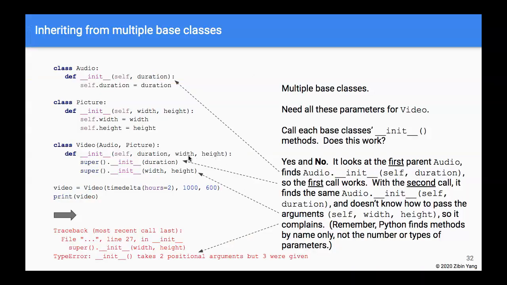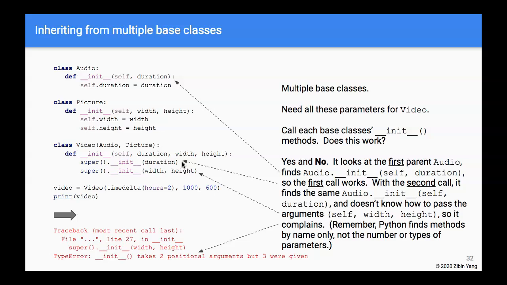For the first super init call, it will try to find the init method in the base classes, and the order it looks in is actually audio first. When it looks at audio and sees the init method, that method takes a parameter duration, and here we supply an argument duration, so that's fine. So this call actually works.